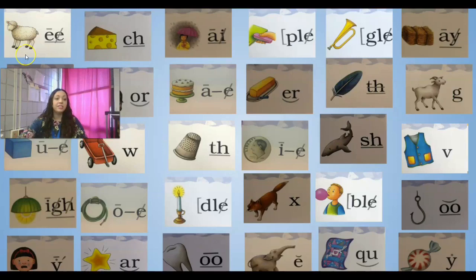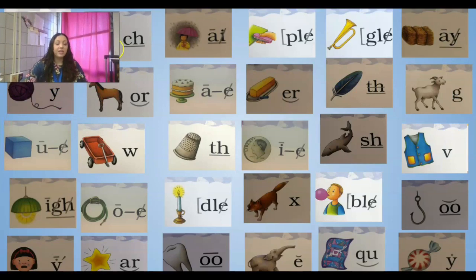Are you ready? So we say sheep, E. Digraph EE, very good. Then we have cheese, ch. Digraph CH. Rain, A. Digraph AI. Staple, pull. Final syllable PLE.